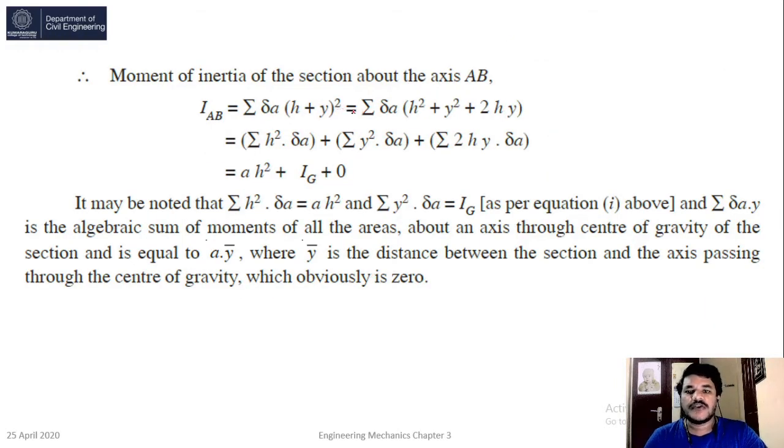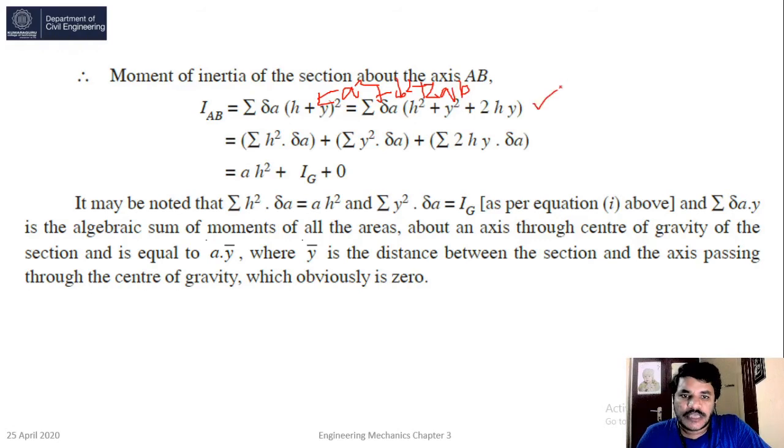Therefore, it is equal to the summation of delta A into the expansion of this equation, using the (a plus b) the whole square formula: a square plus b square plus 2ab. So h square plus y square plus 2hy.